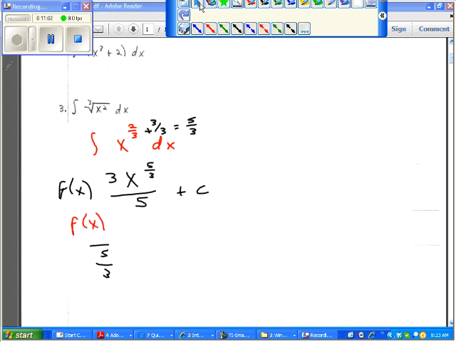So we're going to have f of x is equal to, if we write this properly, 3 times the cube root of x raised to the 5th power, over 5, and then plus that constant c. Okay? So we got that.